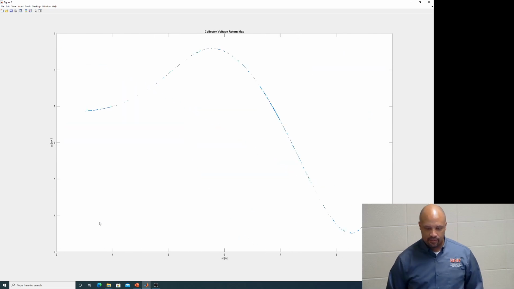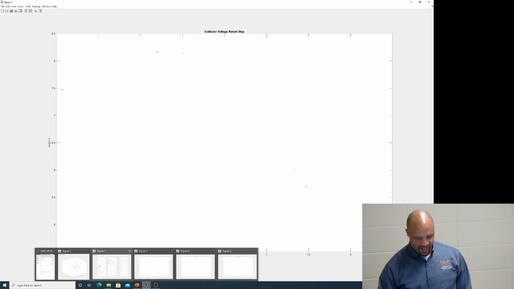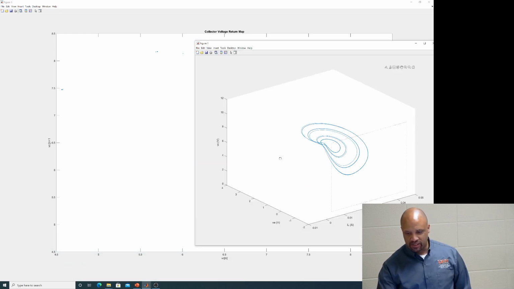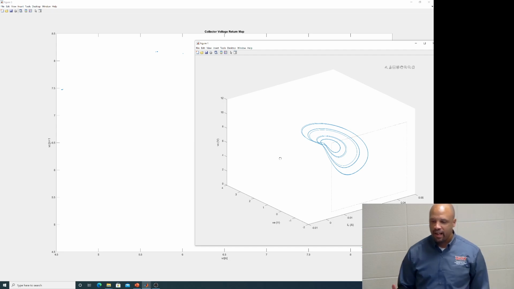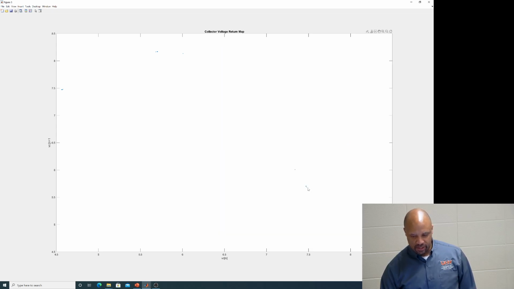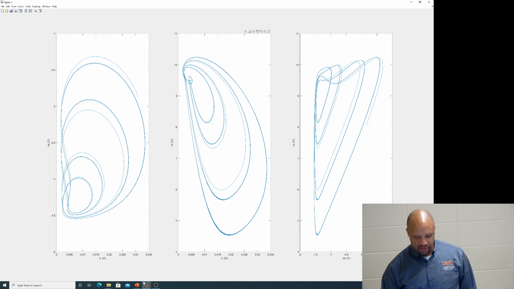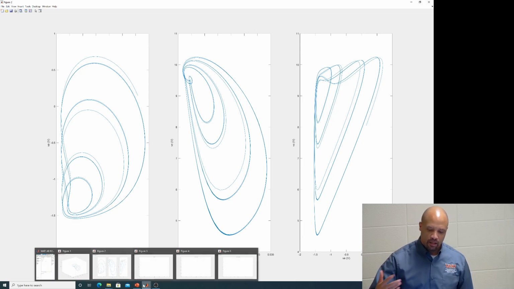Look at this. Not only is the attractor smaller, but it has a periodic structure to it, which, as you can see in the map, only shows little bitty points. Same thing with these projections. This is a periodic flow because it ends up coming back on itself.